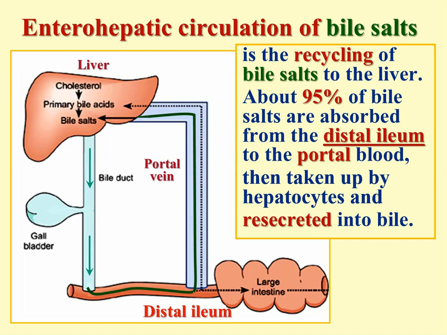This blood passes through portal vein and comes back to the liver, where liver cells take the bile salts again and reuse them. And so thus we have constant reuse of the bile salts, and we managed to absorb back about 95% of bile salts, while about 5% usually are lost. 5 to 6%.